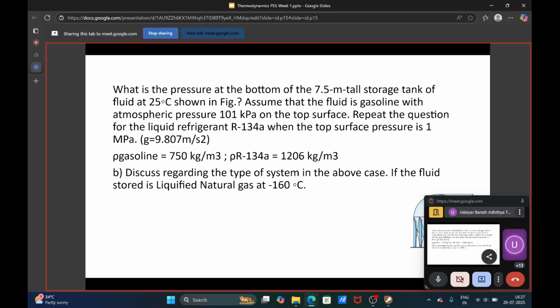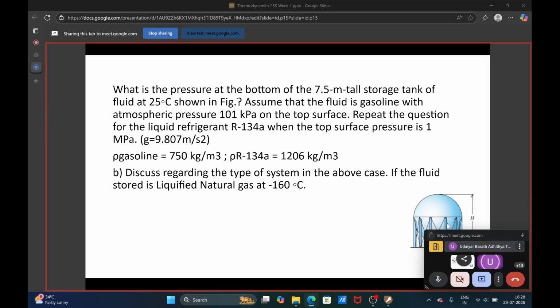A similar problem on pressures, we'll see. What is the pressure at the bottom of the 7.5 meter tall storage tank of fluid at 25 degrees Celsius, as shown in the figure? We have some pressure vessel at 25 degrees Celsius, a storage tank 7.5 meter tall.